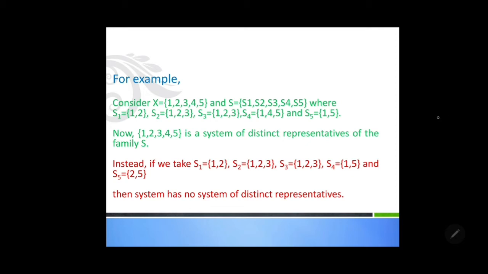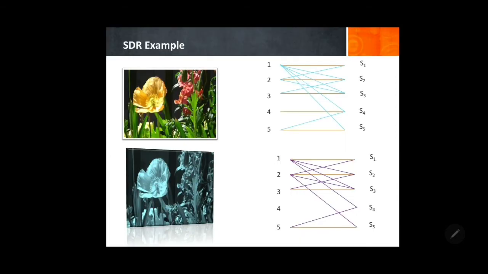Let us look at the graph. That is S1 equal to {1, 2}. Now, S1 has an edge with 1 and 2. Similarly, S2 has edges to 1, 2 and 3.